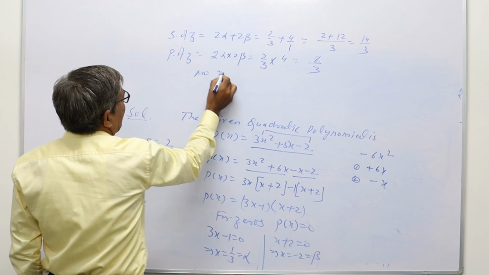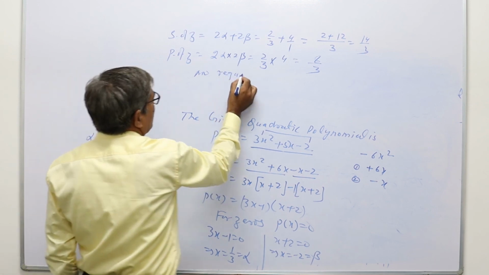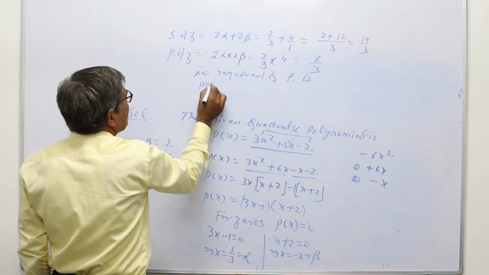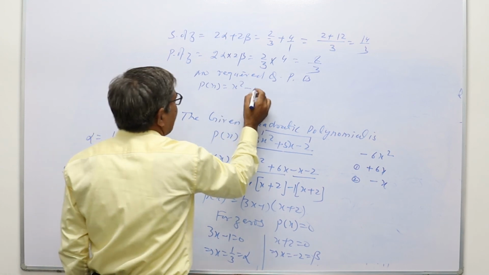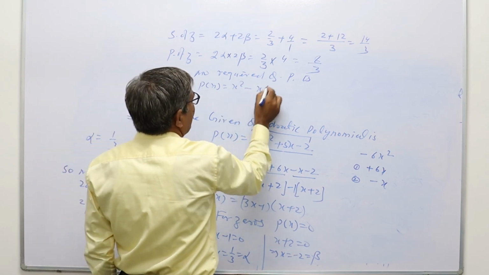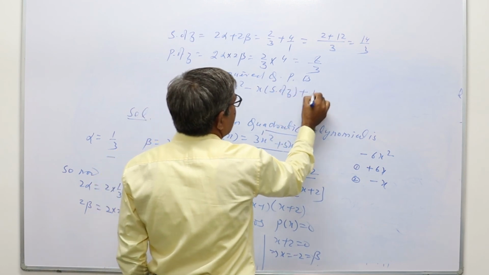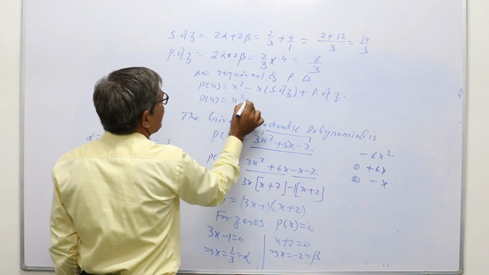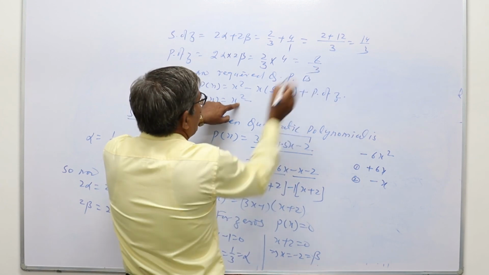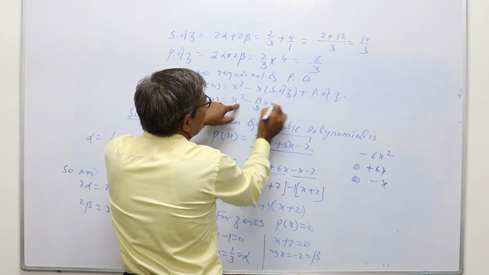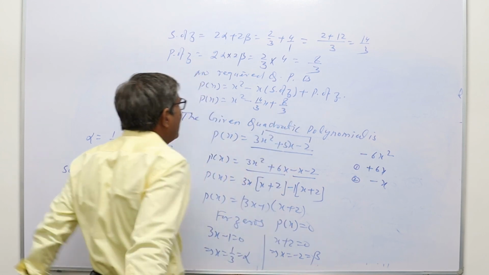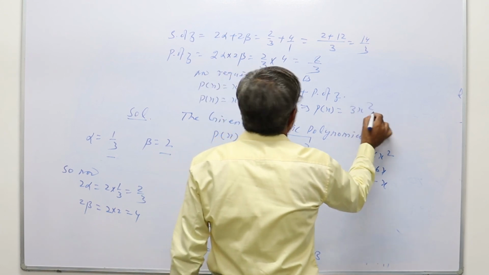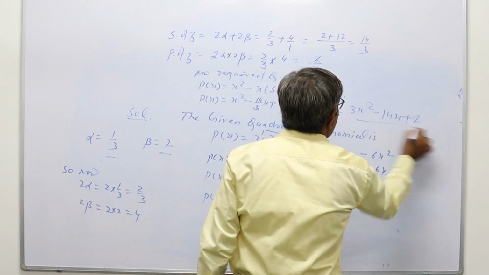Now the required quadratic polynomial is P(x) equals x square minus x into the sum of zeros plus the product of zeros, which implies that P(x) will be equal to x square minus the sum of zeros, that is 14 by 3, into x plus the product of zeros, which is 8 by 3. On solving, P(x) will be equal to 3x square minus 14x plus 8.